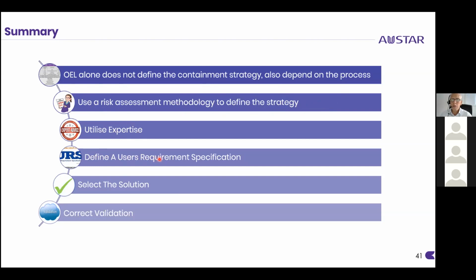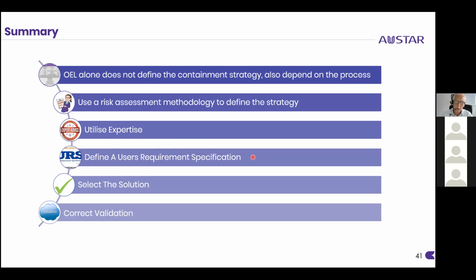Define a user requirement specification by utilizing this expertise. By that, you are being GMP compliant. If you have a user requirement specification, you issue it to an OEM, and that OEM has to define its solution according to that URS.